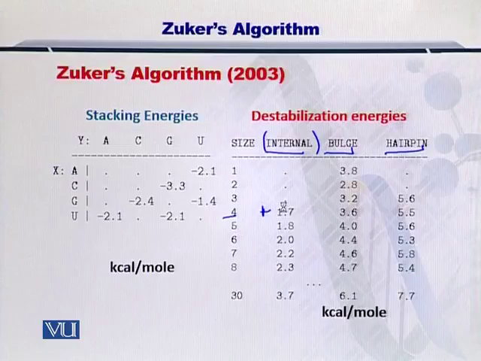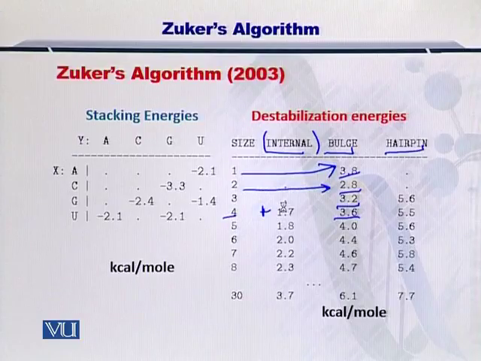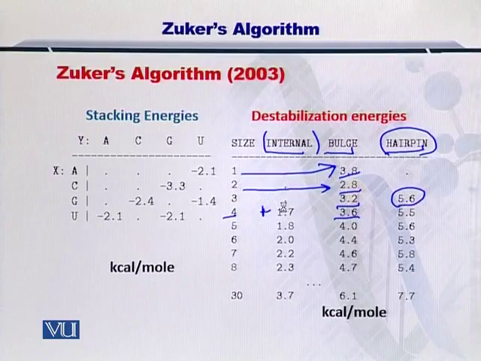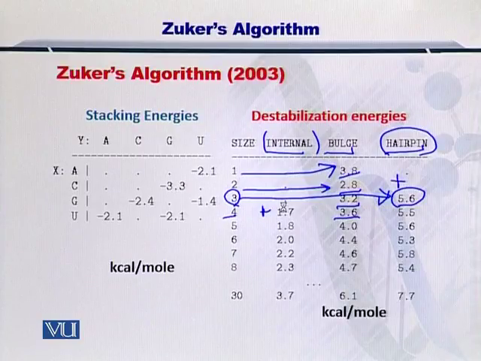Similarly, if they exist in a bulge of different size, then you can read off from the size of the bulge. And for the hairpin, as you know, a hairpin must have 3 or 4 nucleotides or more in its eye to form a hairpin. So if the eye has 3 uncoupled nucleotides, the energy profile will be raised by plus 5.6 kilocalories per mole.